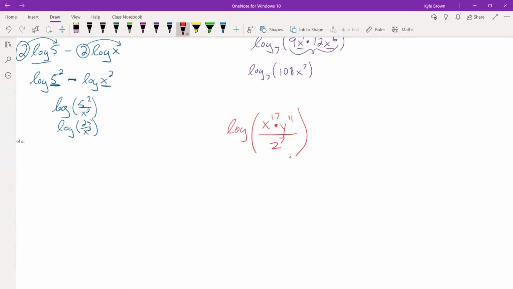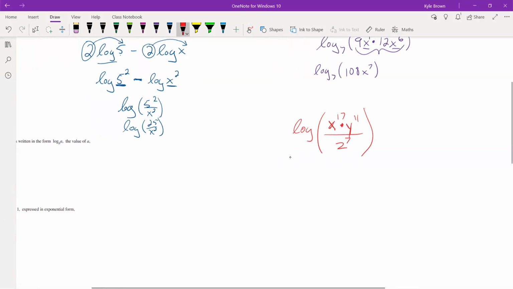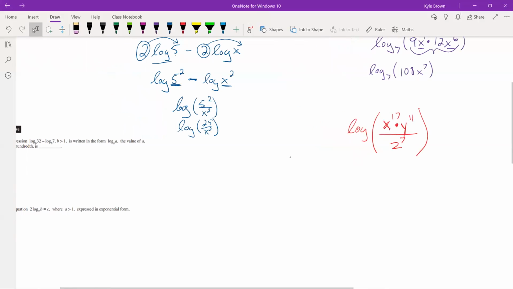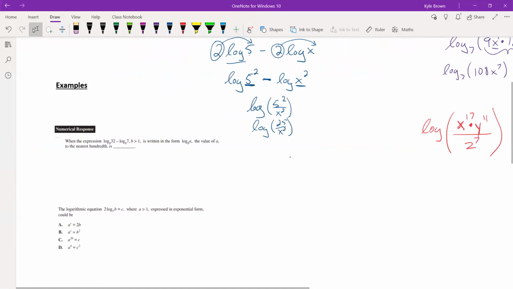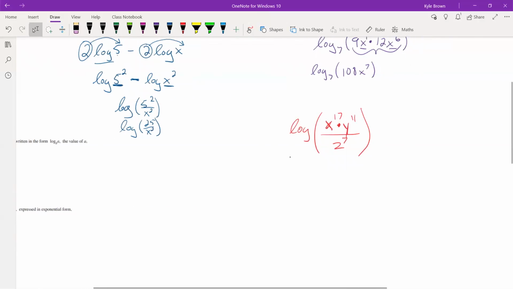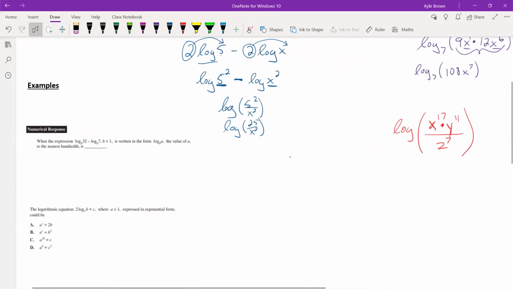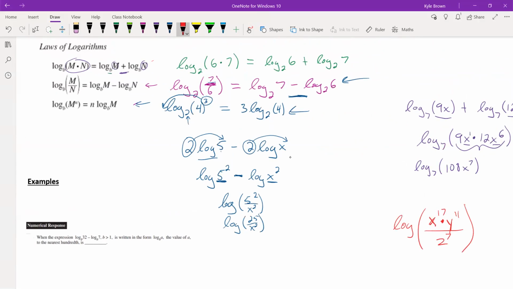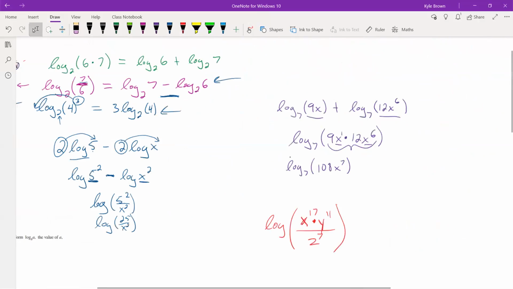So I've got x times y. Remember, according to our log law there, if it was x times y, we can write them as separate logs, but it's going to be an addition sign instead. That was this one. So we'll do that part first.